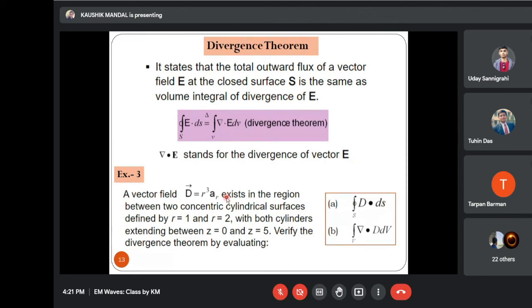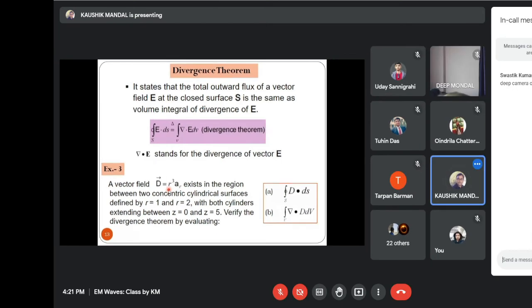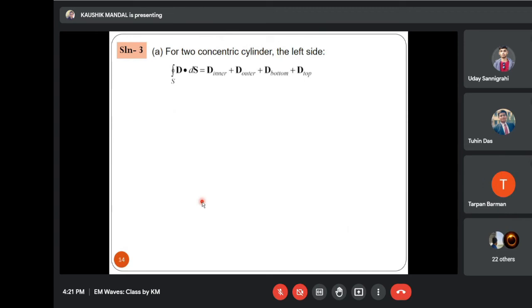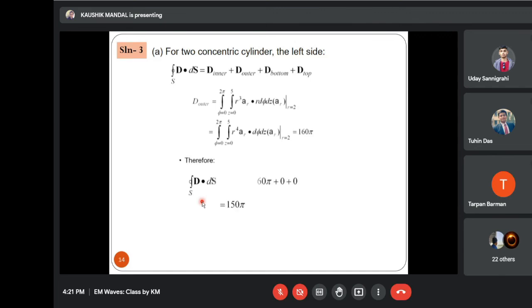The vector field is only along a_r, given in cylindrical coordinate form. So first you will find D dot ds. The solution for this particular example is, I think, incomplete, so you can consider it as your homework.